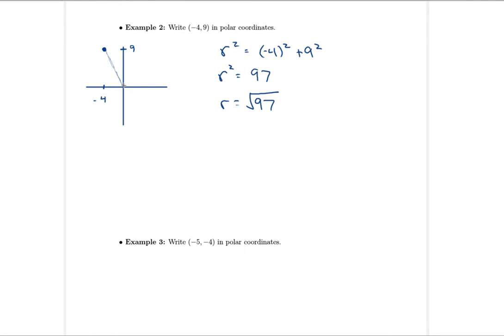All right, how about the angle? The tangent of our angle should be 9 over negative 4. Now, when I take the tan inverse of 9 over negative 4, what is it going to spit out to me? Oops, I forgot to write it down. I apologize. It's going to spit out negative 1.15.